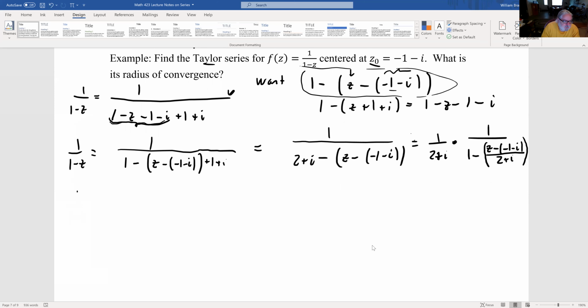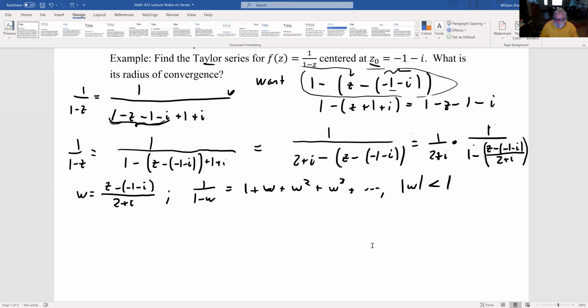We've got 1 over 1 minus something, so we'll make w equal to the something, z minus 1 minus i over 2 plus i. And then we know that 1 over 1 minus w is equal to 1 plus w plus w squared plus w cubed plus dot dot dot, for modulus of w less than 1.